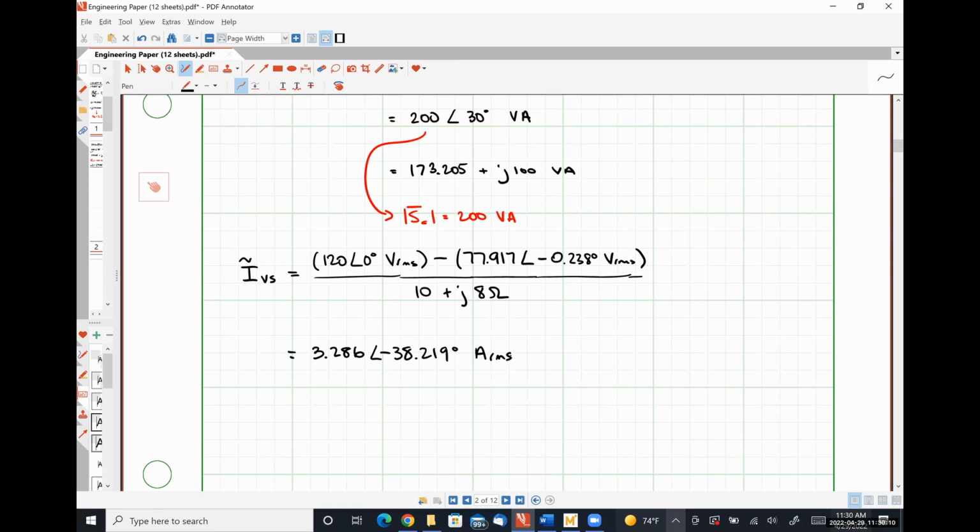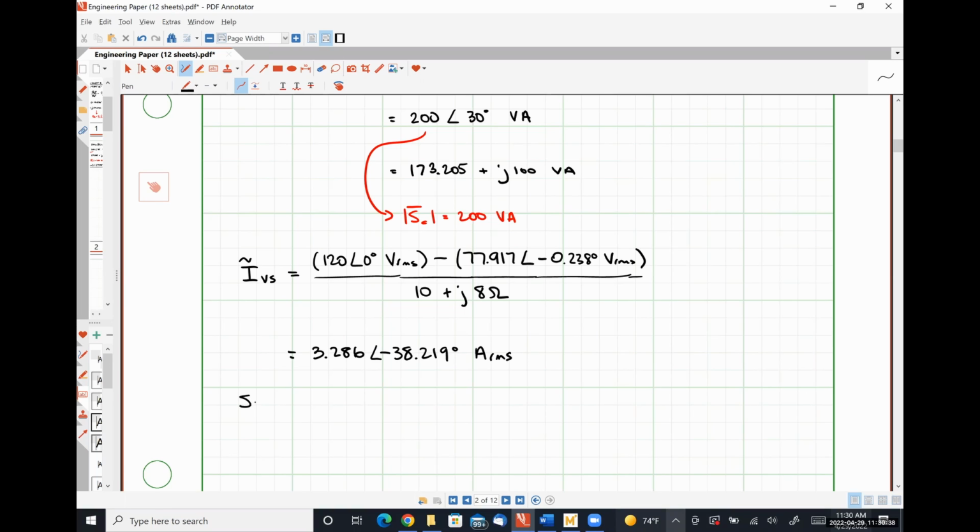Now, technically speaking here, we have all of the information that we need in order to calculate our power factor, but I'm going to go one step further for those of you who are kind of lazy and don't like remembering things here, okay? So I'm going to calculate the complex power supplied by our voltage source.